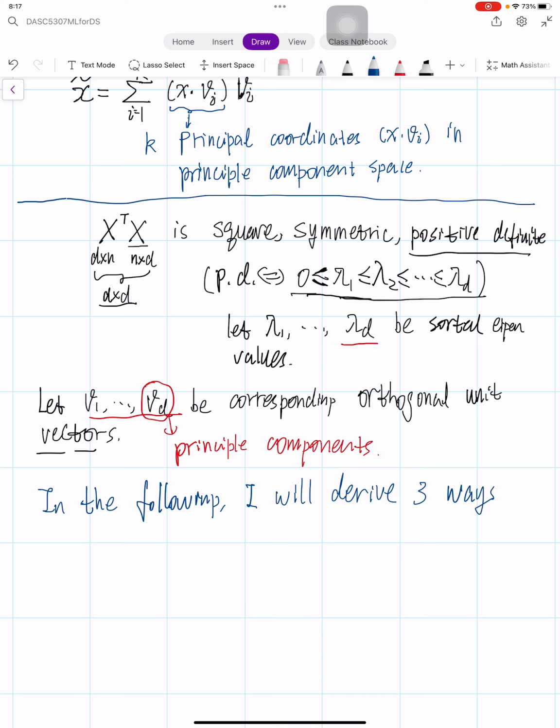I will show Vd is the most important principal component.